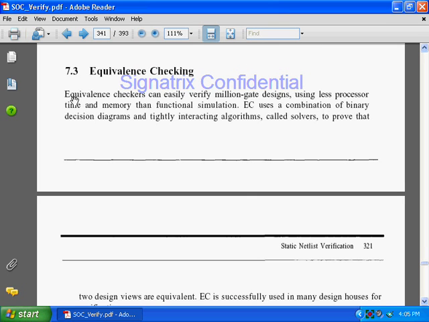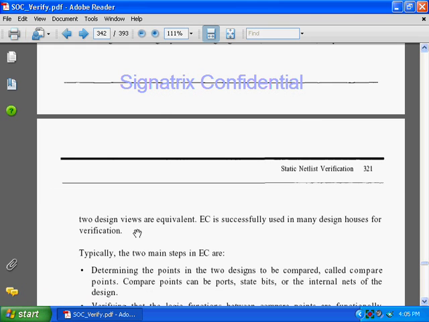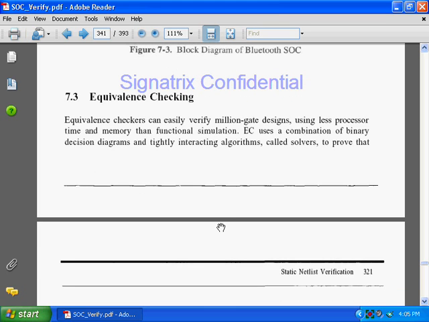Equivalence checking uses a combination of binary decision diagrams and tightly interacting algorithms called solvers to prove that two design views are equivalent. What they are trying to explain here is from the tool perspective. The tool is going to compare two netlists. How does it compare them?